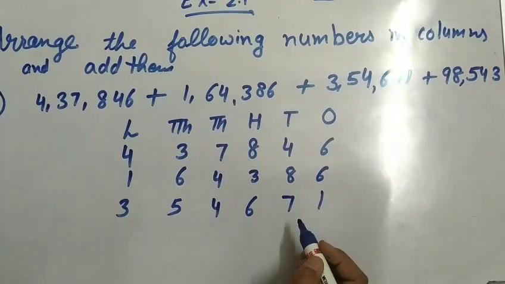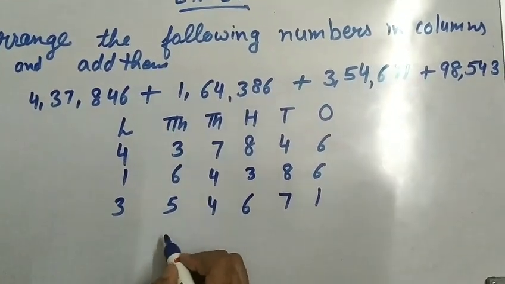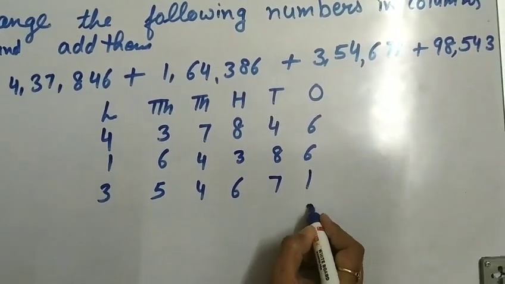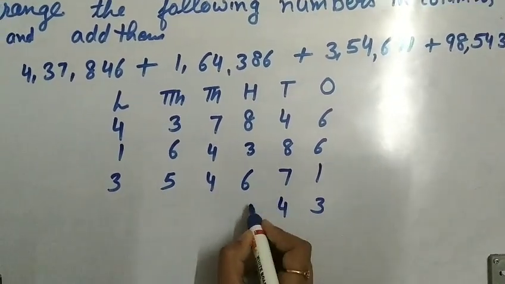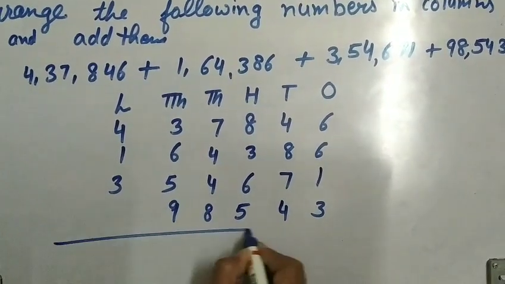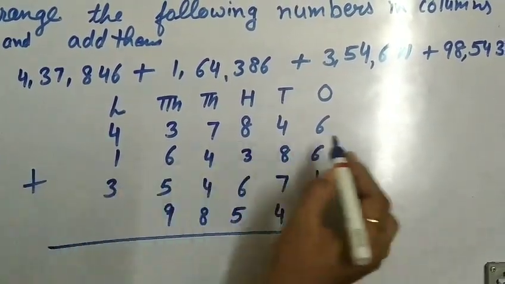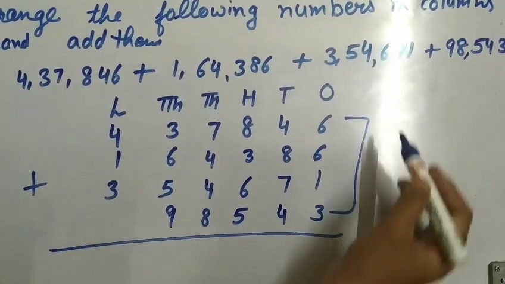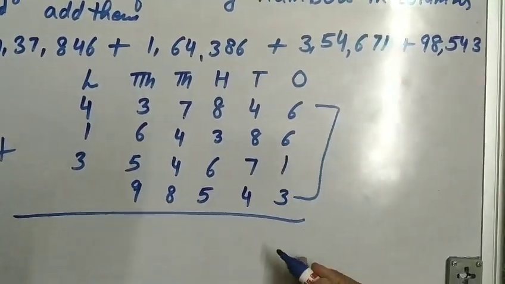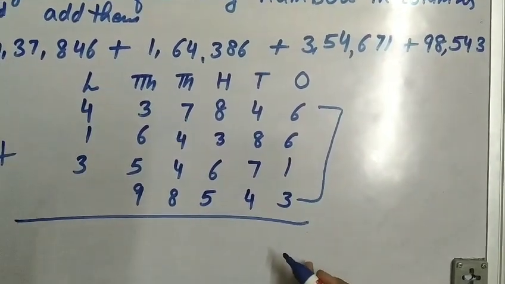Next is the 98,000. You can write from here, or you can start from the ones place. See 3, 4, 5, 8, 9. And these numbers are called addends. These are places, and whatever answer you get, that is called the sum.